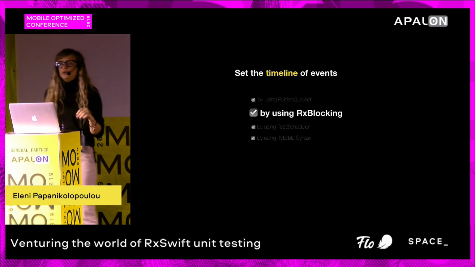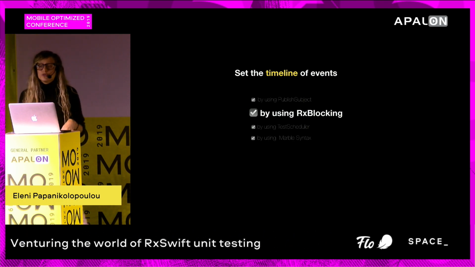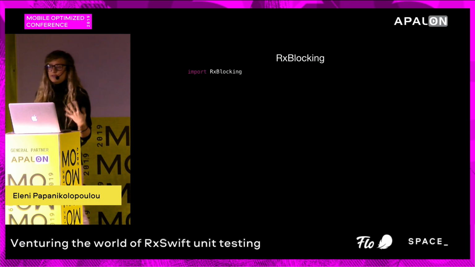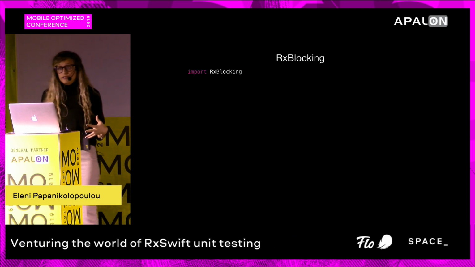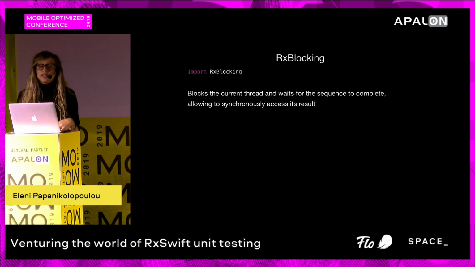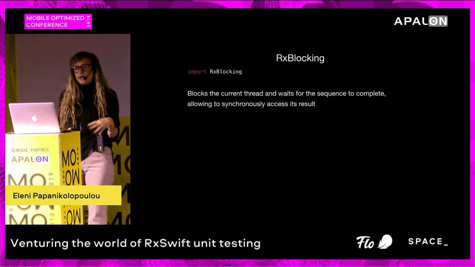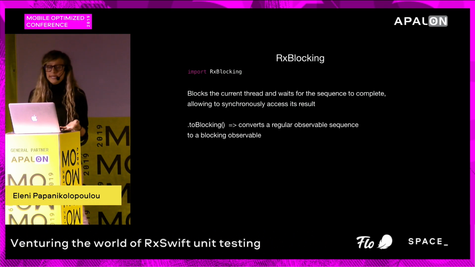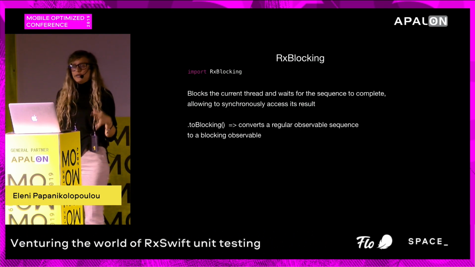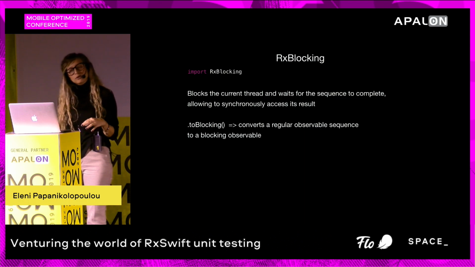Now let's try to write the same unit tests by using RxBlocking. RxBlocking is a different framework provided by RxSwift and thus requires a different import. What RxBlocking does is that it blocks the current thread and waits for the observable sequence to complete. By using the toBlocking operator, we convert a regular observable to a blocking observable.